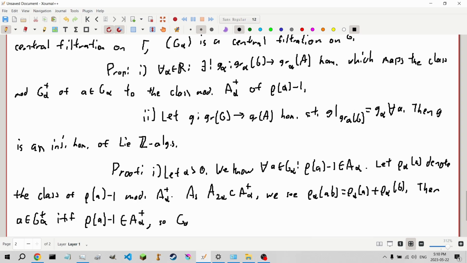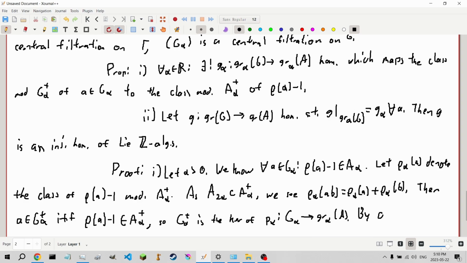So G alpha positive is the kernel of P alpha, which sends G alpha into the alpha grade of A.